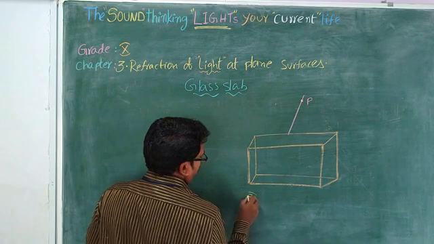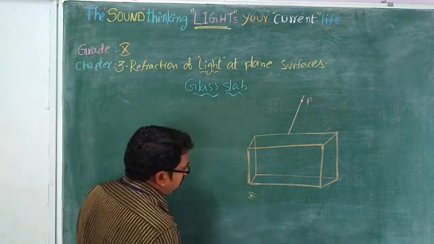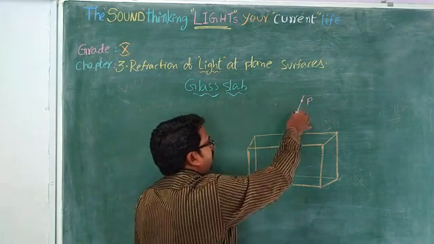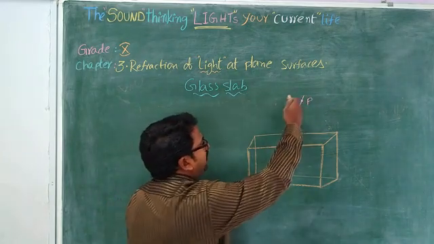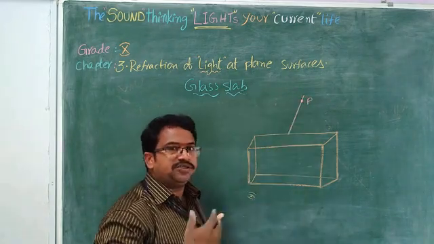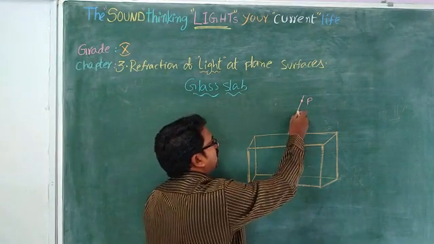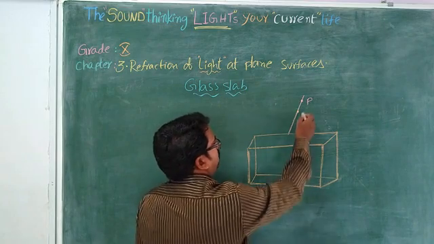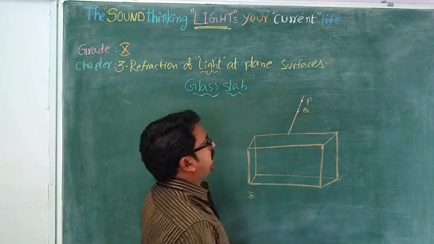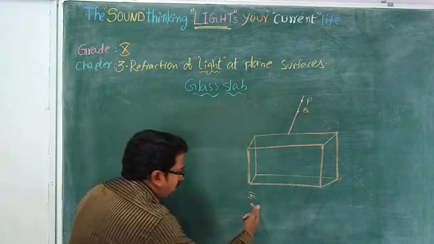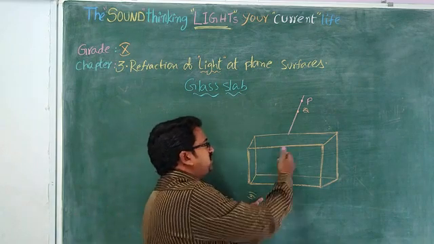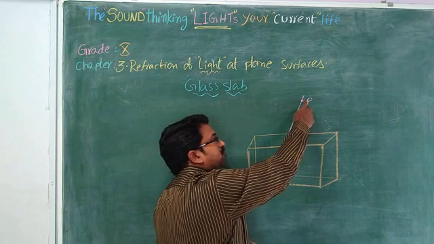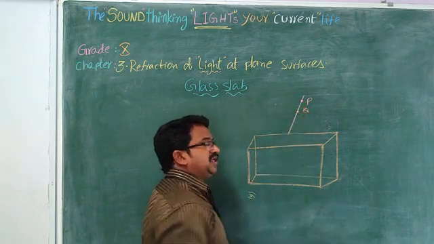By observing from this side, we have to keep one more pin exactly on the line where it is covered. So at a particular position, you will keep the pin Q. We are observing from this side, so its position appears to come towards us like this.